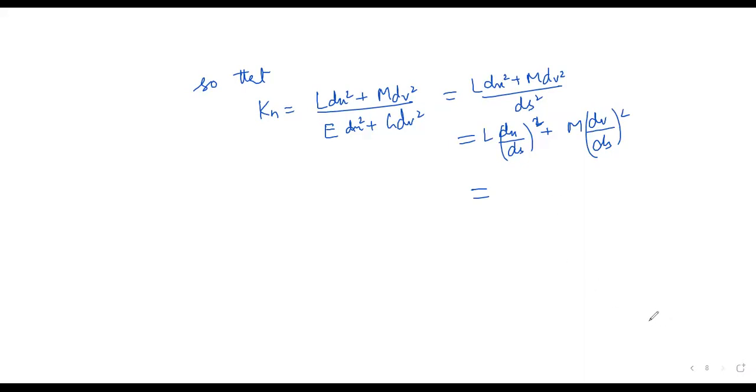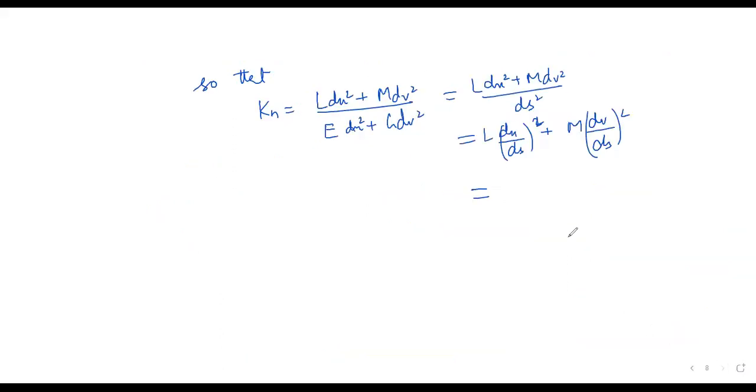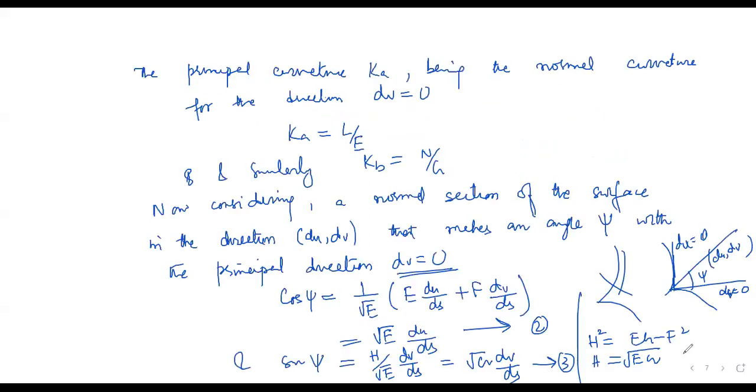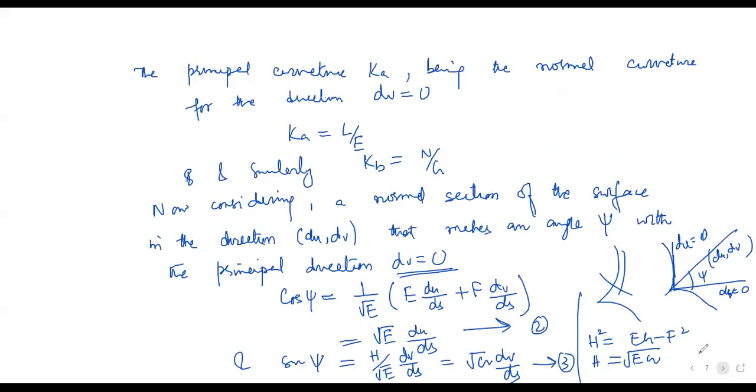Now using what we had taken for k sub a and k sub b, where did those go, k sub a is l by e, so L is e times k sub a into du by ds squared, plus, using this other equation n by g, n is equal to, sorry, m is 0, so n can be written as g times k sub b.